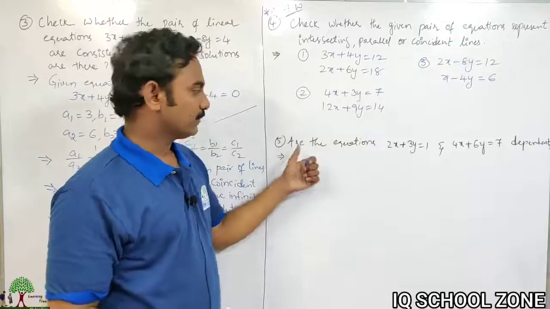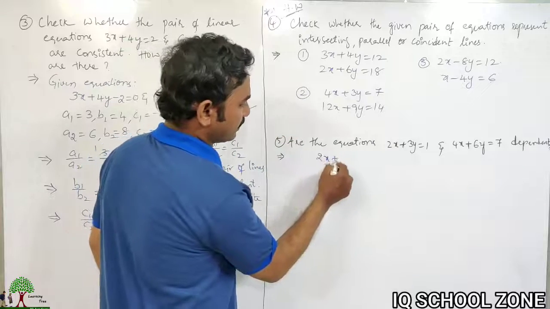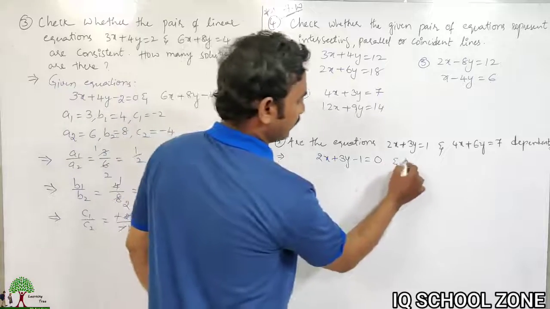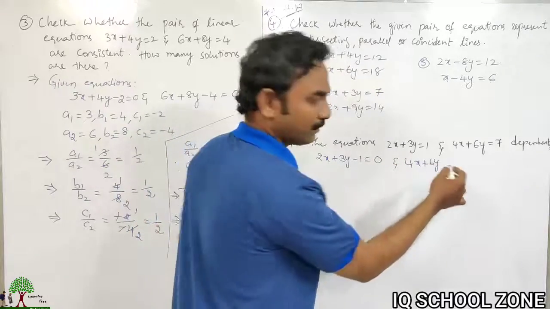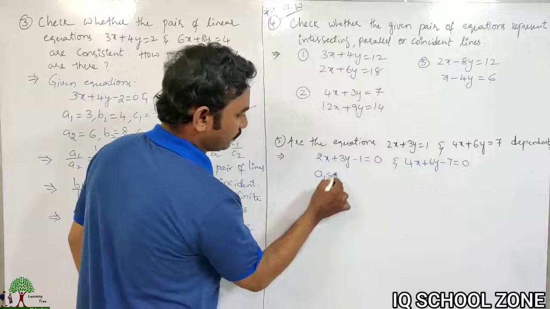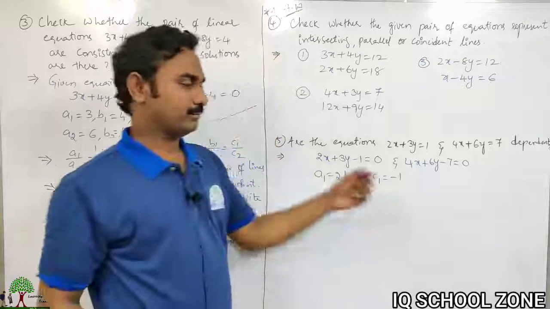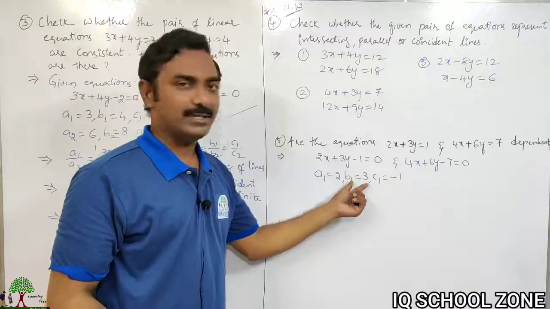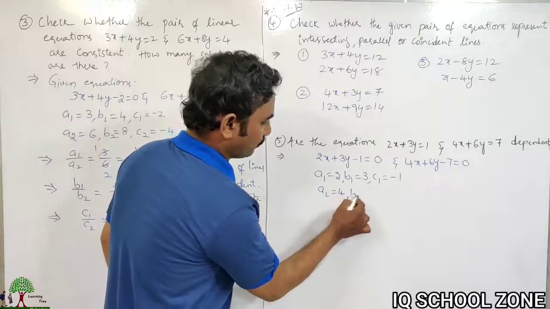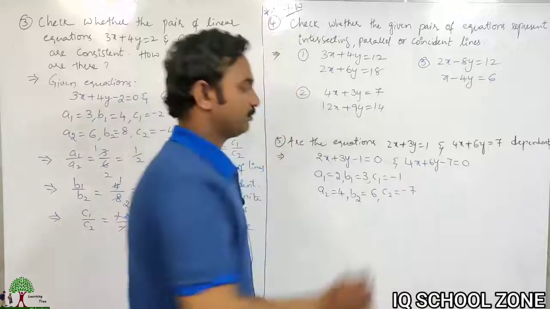See the fifth question. Two equations are given here. 2x plus 3y, that plus 1 becomes minus 1, is equal to 0. And 4x plus 6y, the plus 7 becomes minus 7, is equal to 0. a1 is 2, b1 is 3, c1 is minus 1. a2 is 4, b2 is 6, c2 is minus 7.